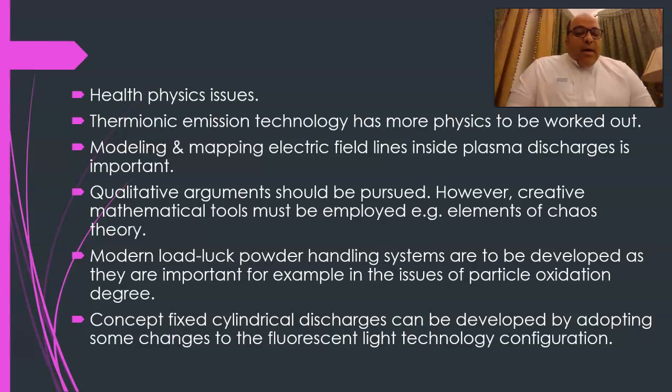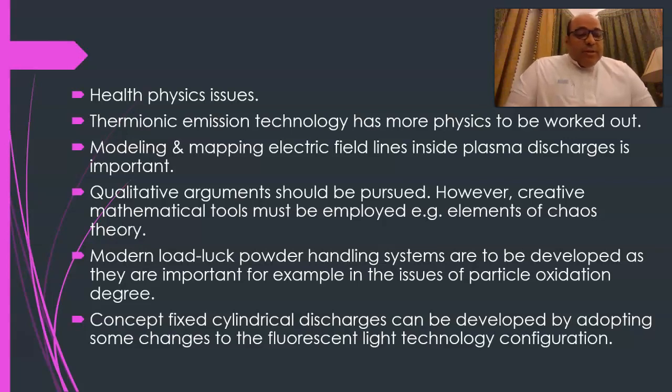Traditionally, it has been worked out from a chemical engineering or chemical sciences point of view, but it did not get the attention it deserved. We need to model and map the electric field lines inside this kind of plasma discharge. This is very important. This should be assisted by qualitative arguments that will model this kind of measurement. Creative mathematical tools must be employed these days.